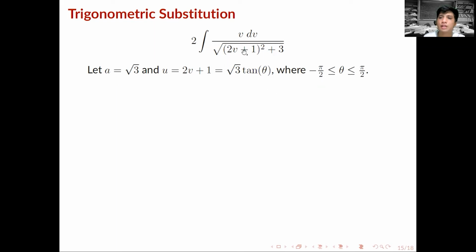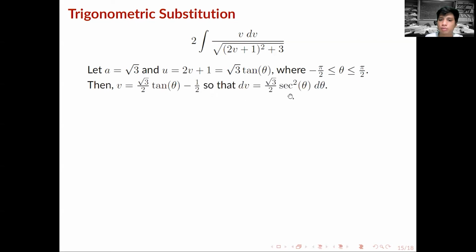Now we have to find an expression for the variable v, and we can obtain that by manipulating this equation. We first divide both sides by 2, and then subtract 1/2 from both sides to obtain this equation. After that, we have to find an expression for dv, and we can obtain that by taking the derivative of v with respect to theta.